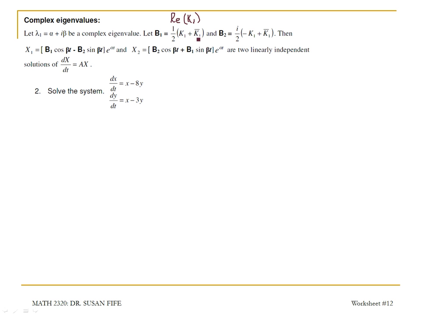And you're going to add the real parts twice and then divide by 2. So this is the same as the real part of the eigenvector. And then here, if you multiply K1 by negative and then add the conjugate, here the real parts will drop out. And you're going to get just the imaginary parts.